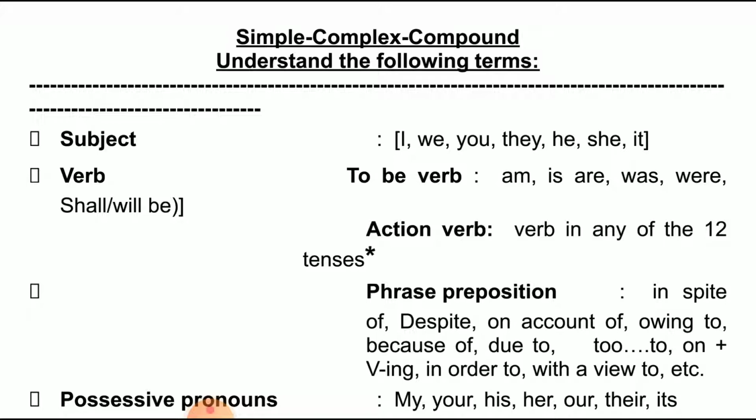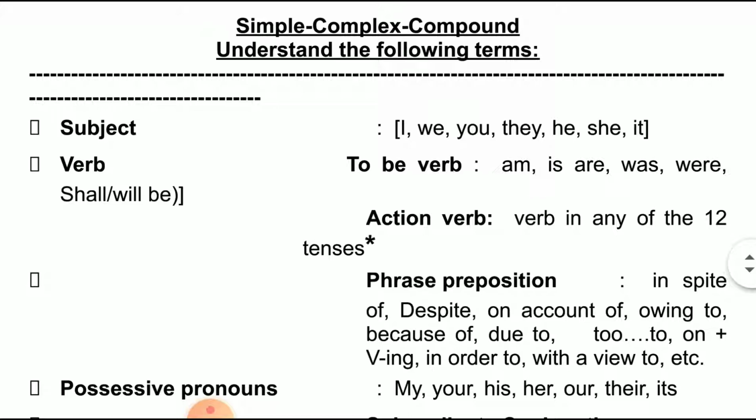Now, what is the change between these simple sentences? Because when we change a simple sentence into complex or compound, the sense of the sentence should not change. If a complex or compound sentence has two verbs, then in the simple sentence also, apart from the one verb that is given, there should be something that can be converted into a verb to make it a complex or compound sentence.